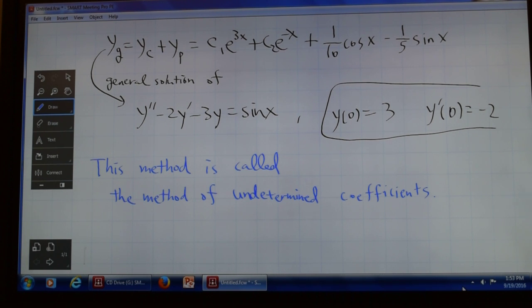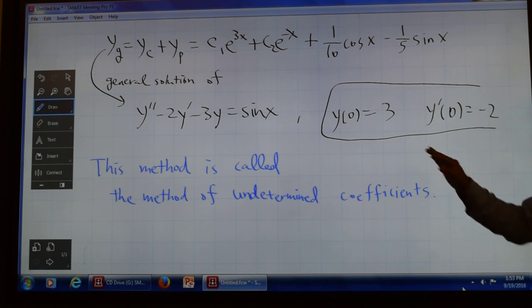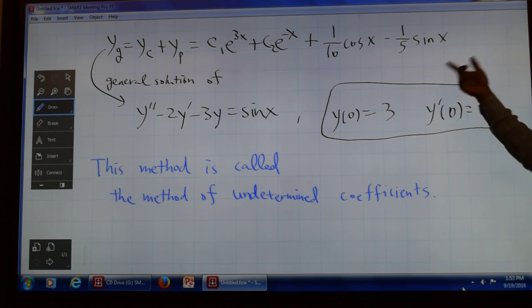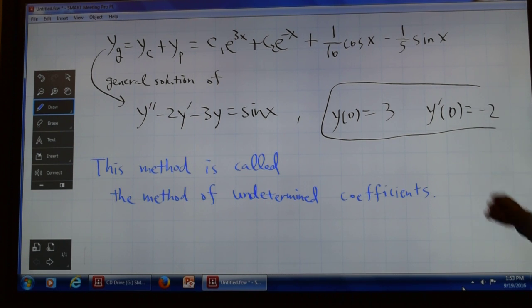Okay? That's the beauty of this method. You're making guesses, but not entirely, because you don't want to do the calculation over and over. You just put the coefficients very generic, plug it in, and then make the differential equation itself determine the coefficients, right? So that's called the method of undetermined coefficients.